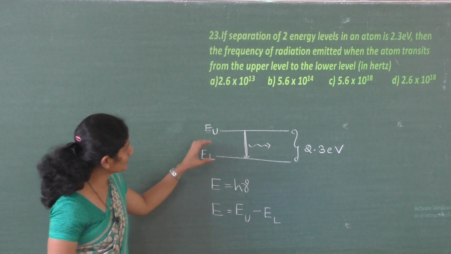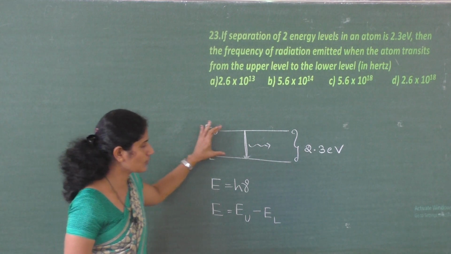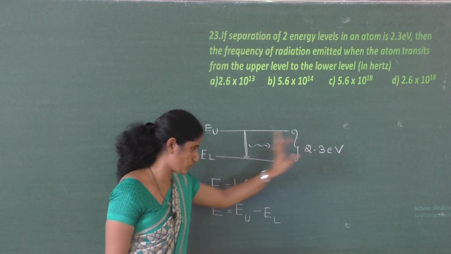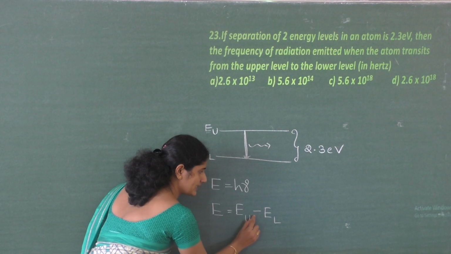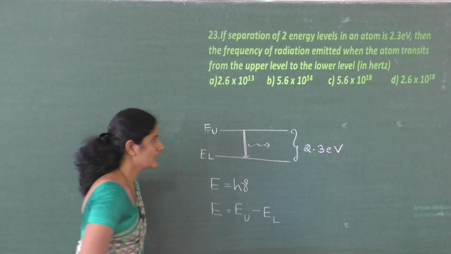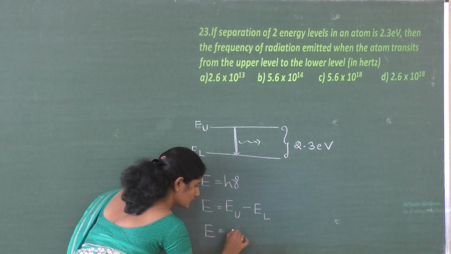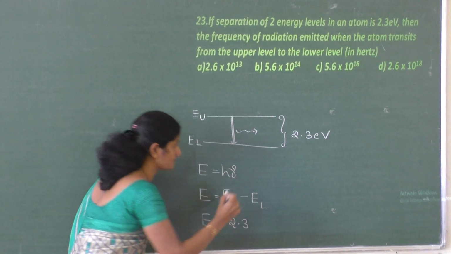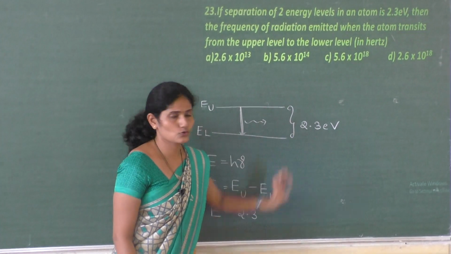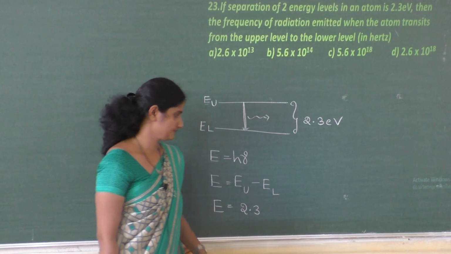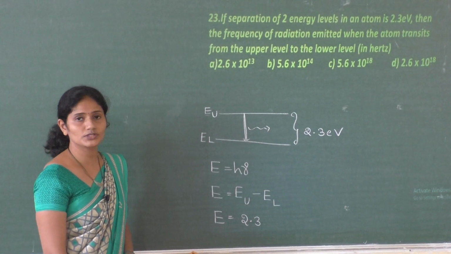The difference between the energy levels is already given, 2.3 electron volt. That is, EU minus EL is already given and its value is 2.3. So E is equal to 2.3. It is in electron volt. Convert it into joules. How to convert?